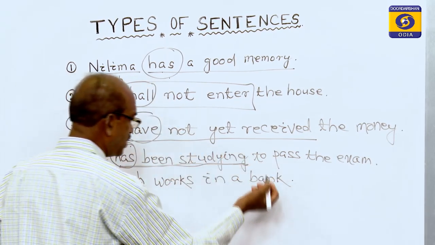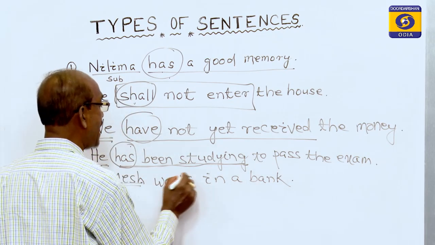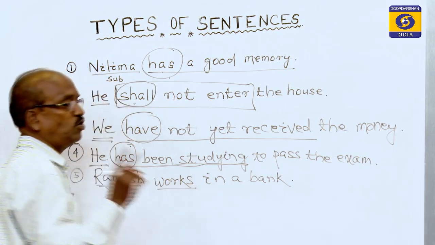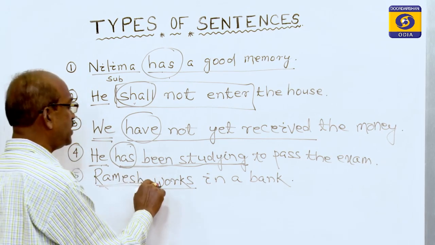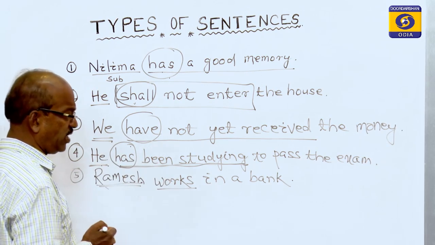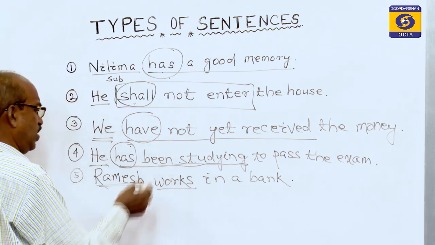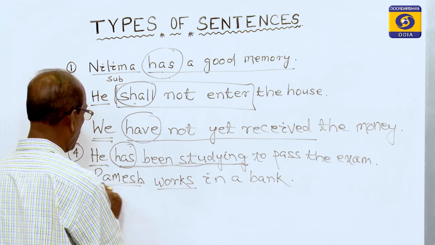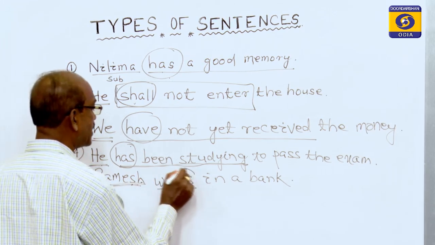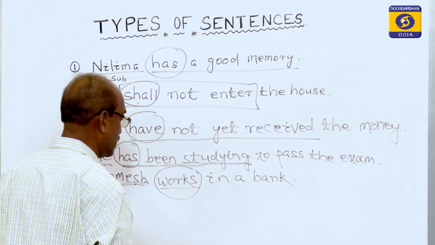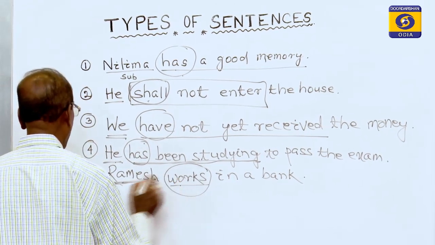And works in a bank is the predicate, and works is the verb, and there is only one verb, that is works, and this tells us about the tense of the sentence. The sentence is in present tense. Though Ramesh is singular number third person, so the verb works is used in present tense. Okay, this is the finite verb.